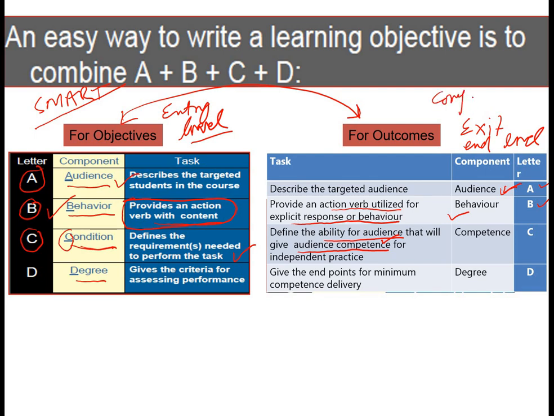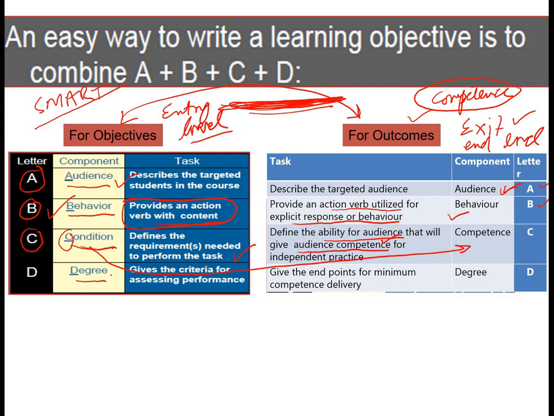So competence is always at the exit level. Why? Because in between you have been exposed to classroom activity, laboratory activity, and PBL activity, and then you reach an outcome, you go to the exit level, and you learn something, and that gives you the competence. So here we have a small change: condition is replaced with competence, though the rest is very common.